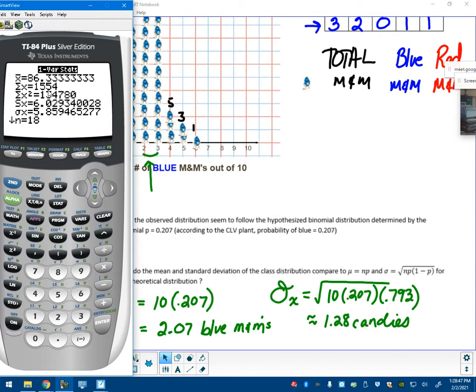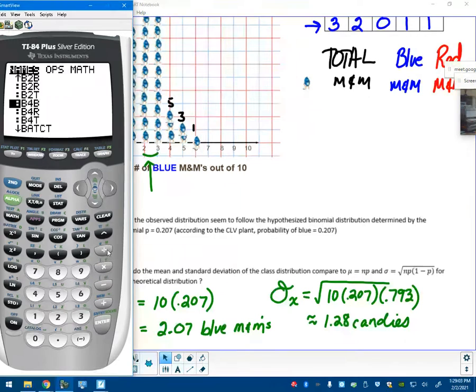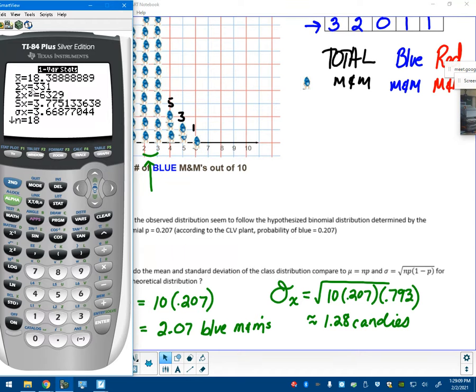Somebody write that down, maybe 2 or 3 people, thank you. Now we're going to calculate how many of them were blue. So we're going to go get the list of blue. And then I'm going to put this all together after school. How many blue? 331. Somebody write that down.